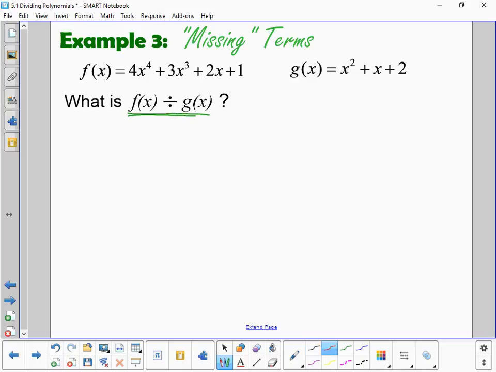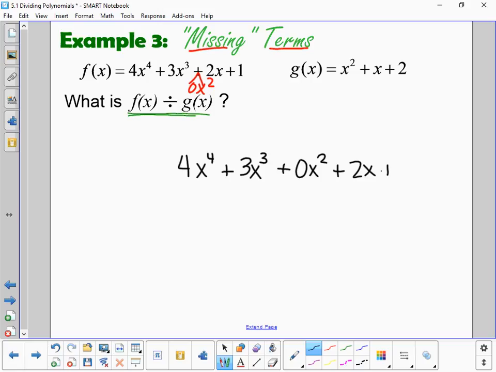So something to be really aware of is that sometimes there are missing terms and you need to have a placeholder for that. So let's write our dividend here, 4x to the fourth plus 3x to the third. But can you see that there are no x squared terms? We need to include a spot for that.